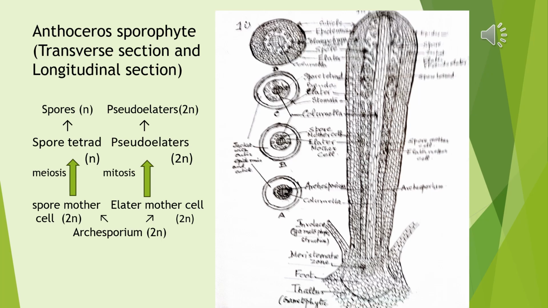The longitudinal section shows all the cell types and particularly the development of the archesporium from the bottom to the top at a glance. Now in the longitudinal section, from the bottom we find the foot, then the meristematic zone.